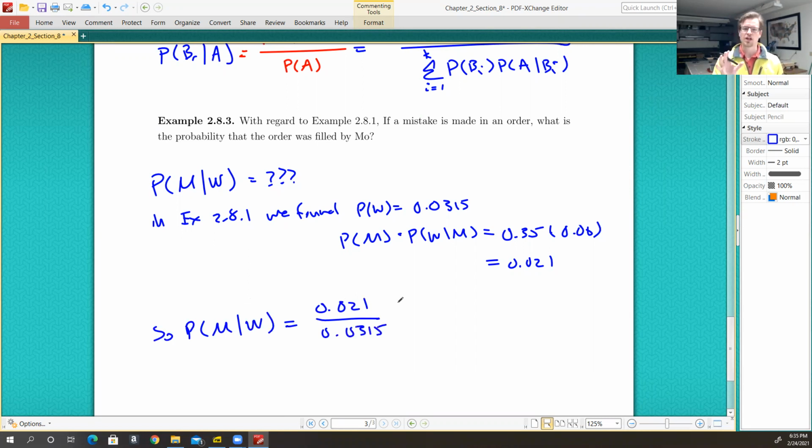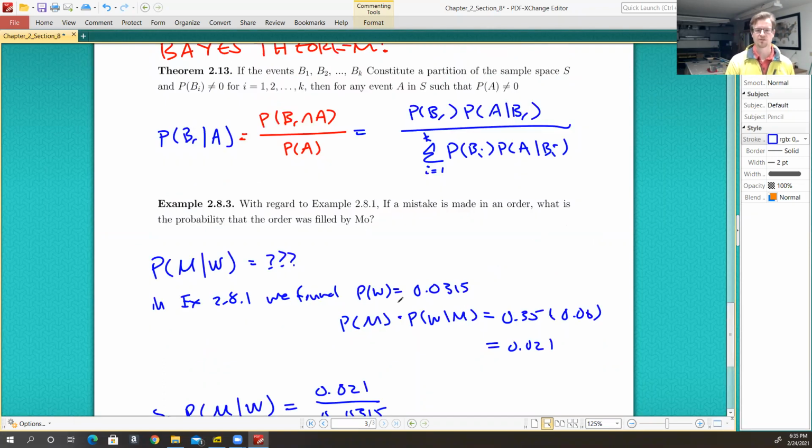In this case, the computation that we're doing is no different than what we gave in section 2.6 for conditional probability. It's just how we found the value of the numerator and how we found the value of the denominator are different. And Bayes' theorem is just saying this representation. We're just using this way to calculate the conditional probability.